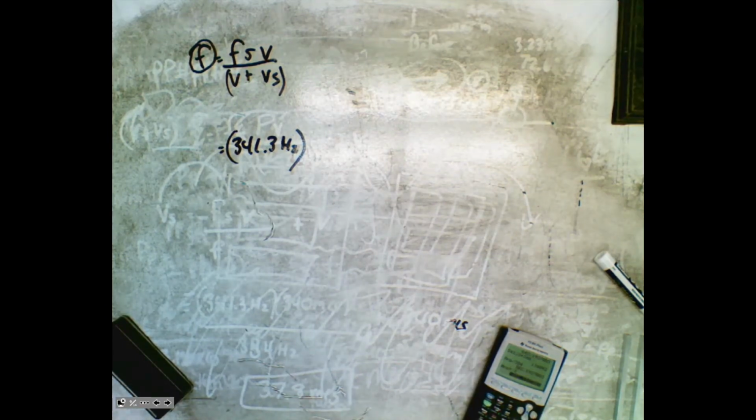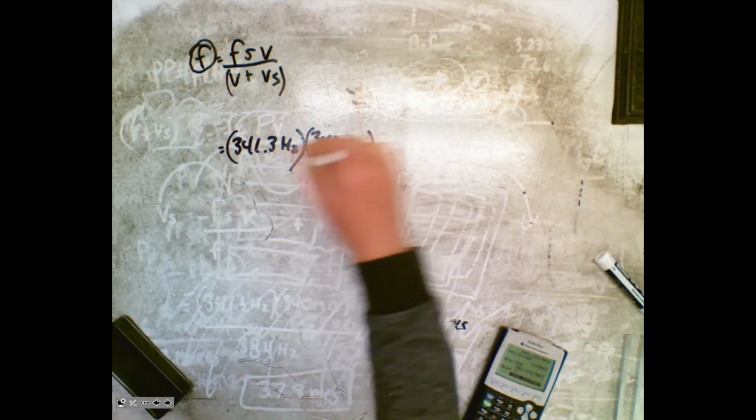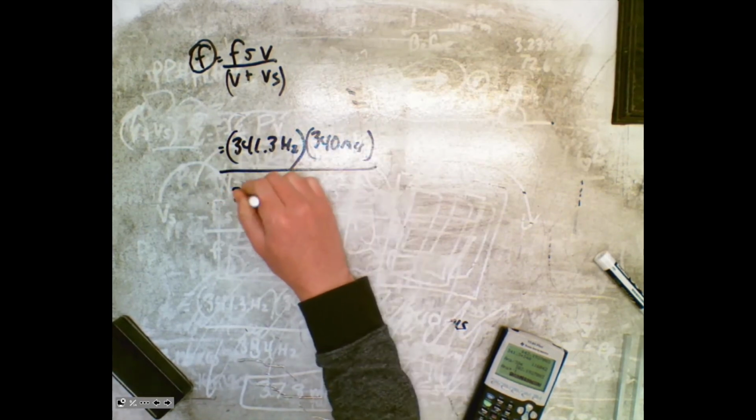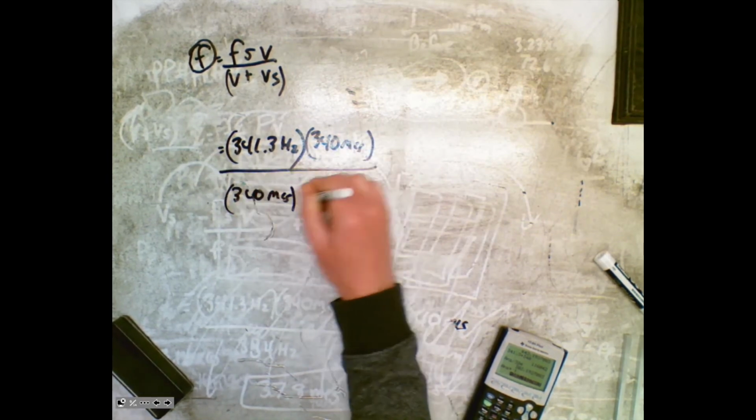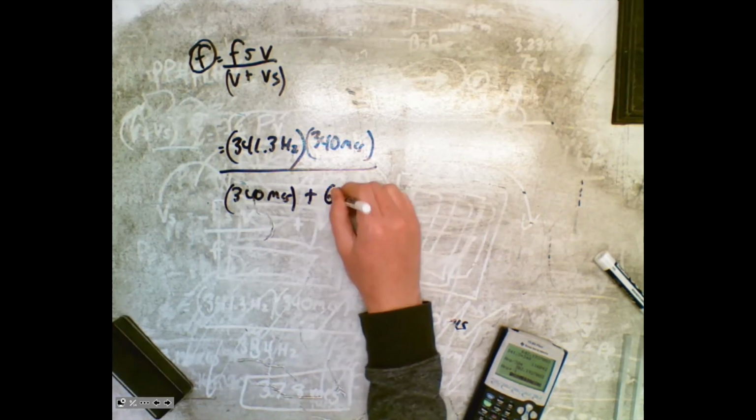341.3 hertz. This V is the speed of sound, which is still the same as the last question, which is 340 meters per second. And then we do the speed of sound again, 340 meters per second, and we want to add on the speed of the source, which is 68 meters per second.